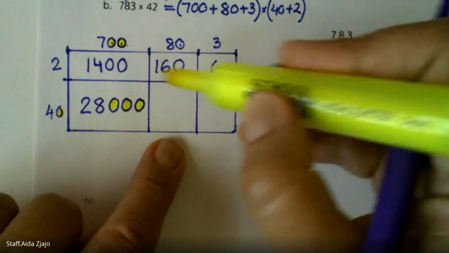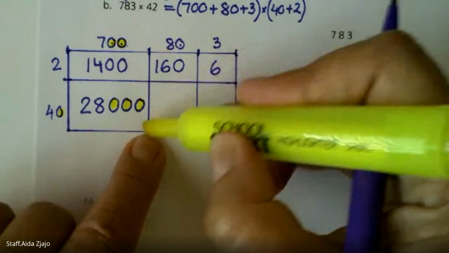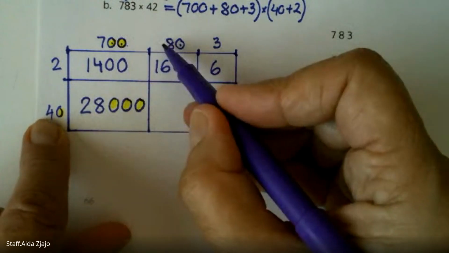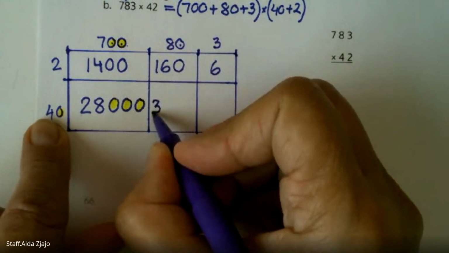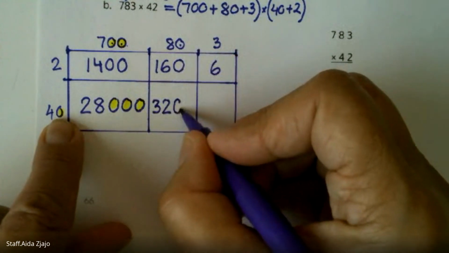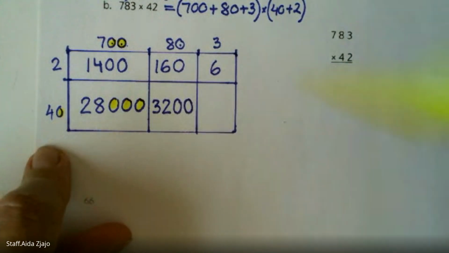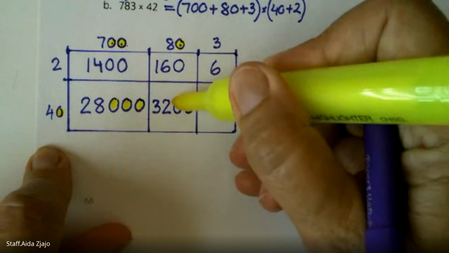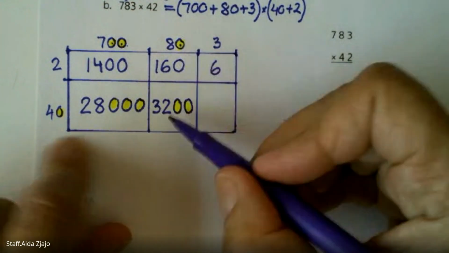So, okay, now 40 times 80. 4 times 8 is 32. And 10 times 10 is 100. I'm adding 2 zeros, so one from here, one from here. There we go. So it's 32 hundreds.